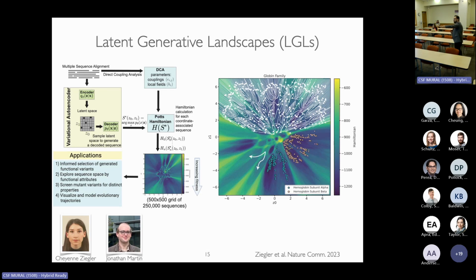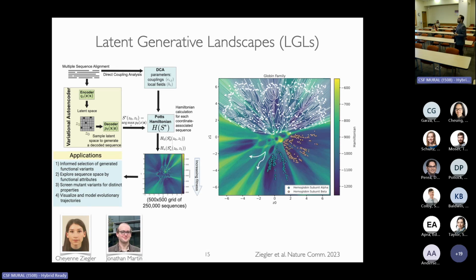There's a 500 by 500 grid where each pixel in this landscape is a sequence. It's a generated sequence. It's not a sequence that is found in nature. It's a sequence generated by the model. And then for each of these sequences, we quantify it with the Hamiltonian, the energy that I described before, right?